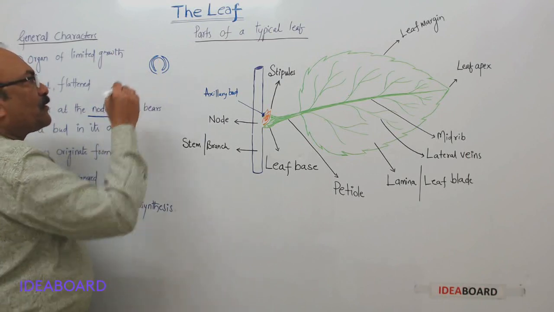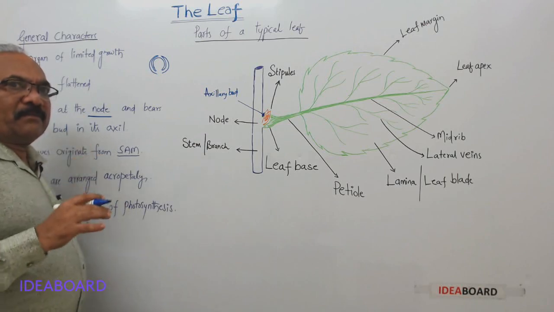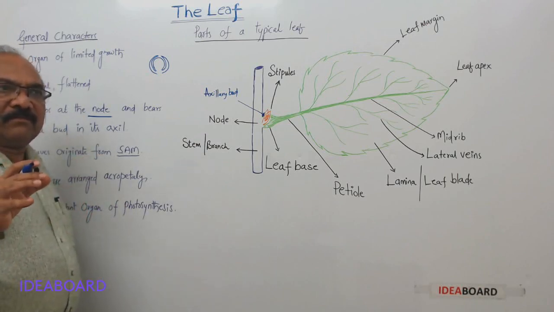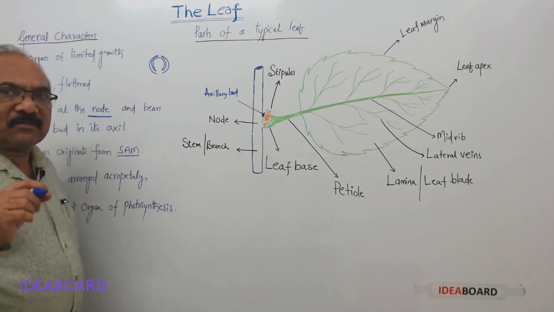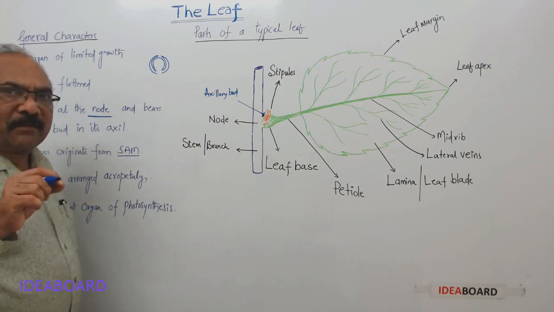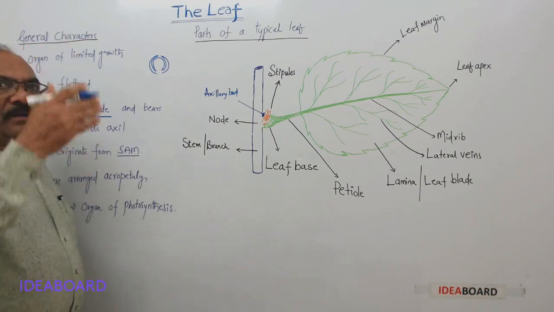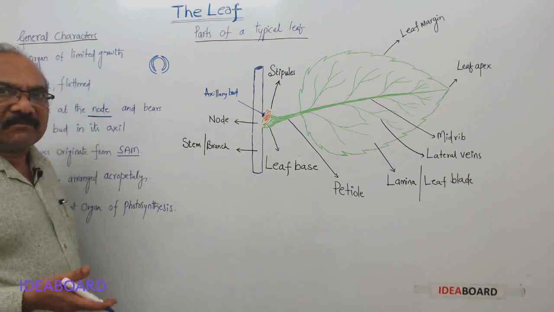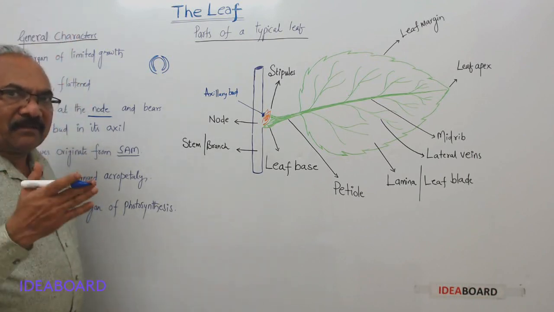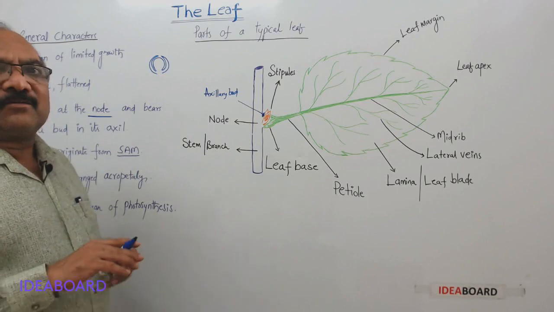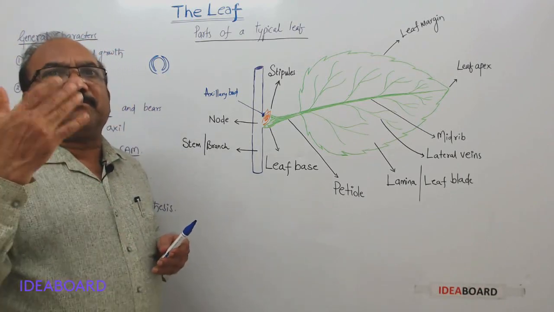Remember where you will find this shoot apical meristem? It is associated with the terminal bud as well as the axillary bud, because while the stem is growing, it produces leaves with the help of the terminal bud, and even when the branch is growing, it also produces leaves with the help of its bud at the tip.